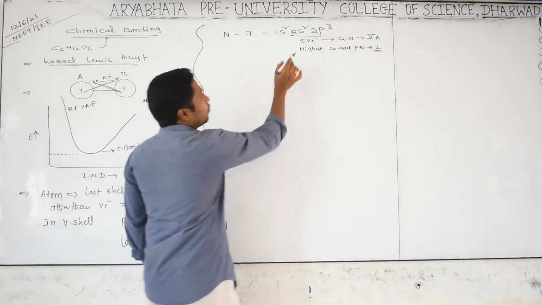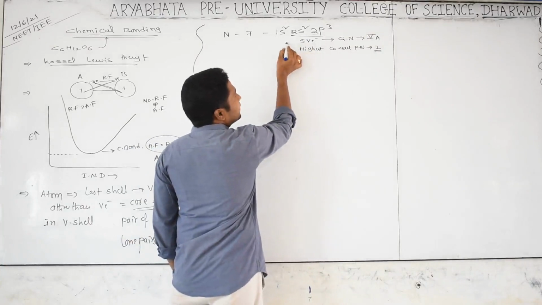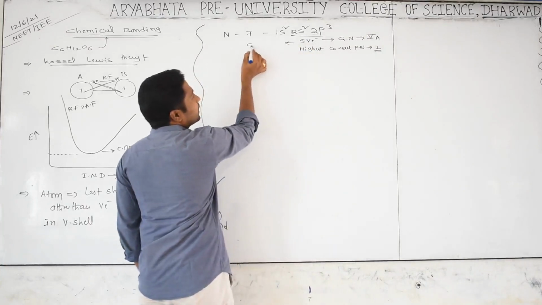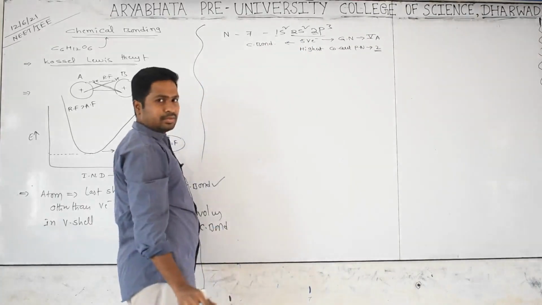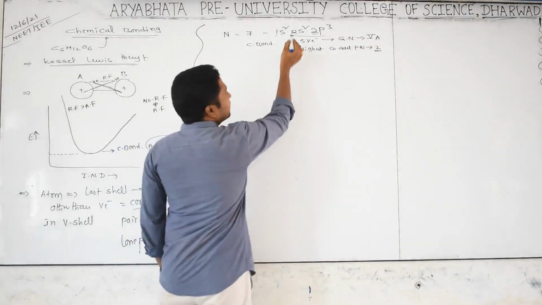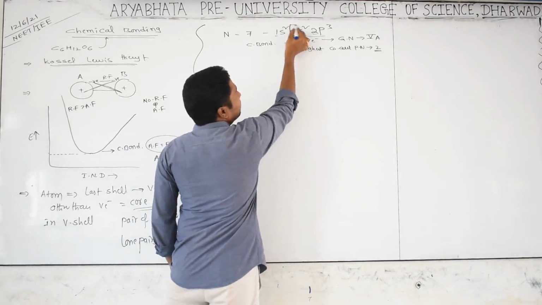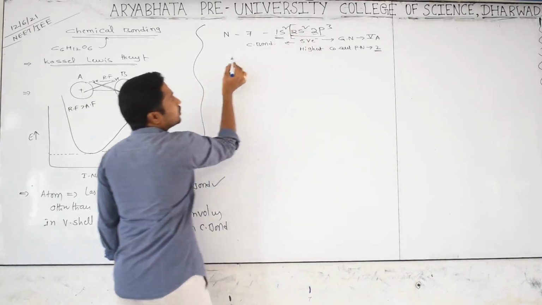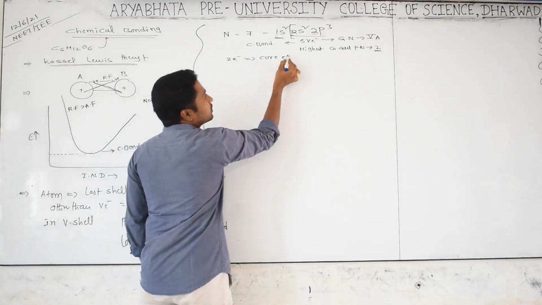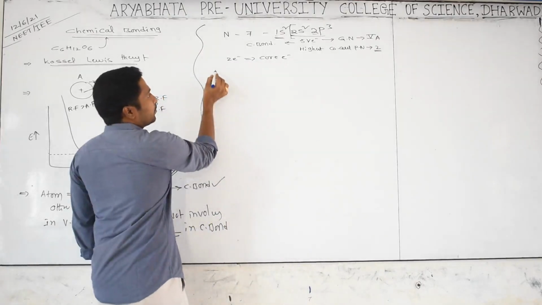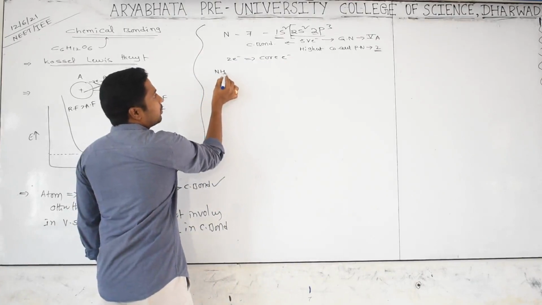Now, whatever valence electrons are there, generally they are involved in chemical bonding. Generally it's not compulsory. Other than the valence electrons, whatever remains, 2 are there. The 2 electrons are called core electrons. For example, take a nitrogen compound, ammonia.